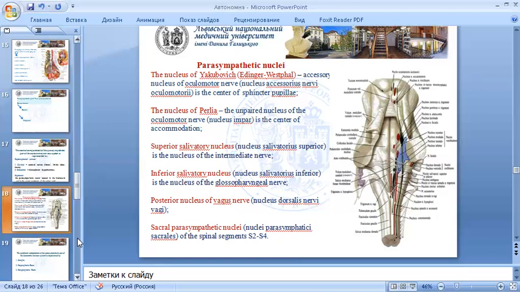Then the sacral parasympathetic nuclei, which are related to the spinal cord, to its sacral segments from the second to the fourth.